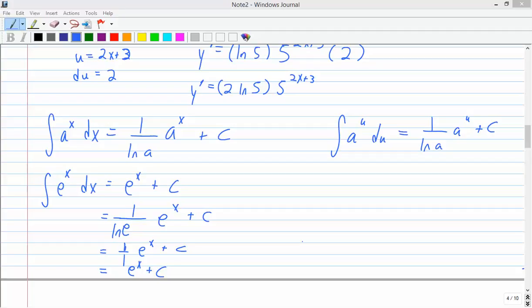Alright, so let's see if you can do this one. Integral of 2 to the x dx.